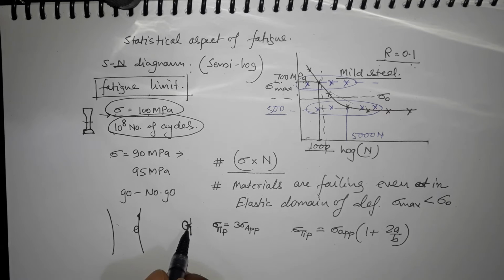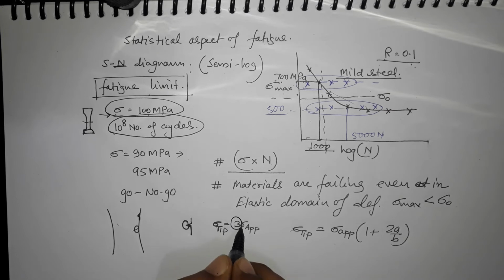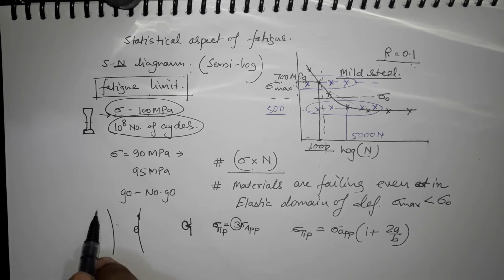These scratches will not be circular, they will be sharper than that, and as you go sharper, this factor can increase. Okay, so what can happen is that even if the stresses are elastic in the global specimen, at these localized places you can have a very high stress value where you can have plastic deformation.